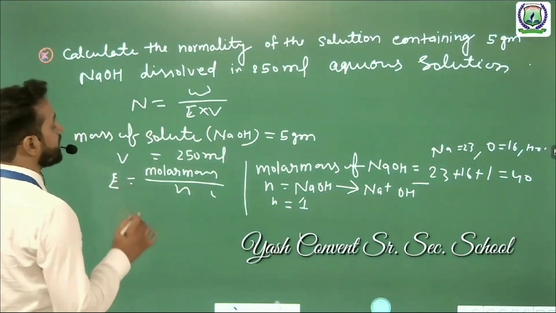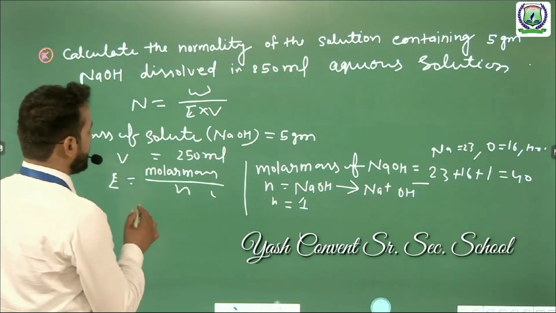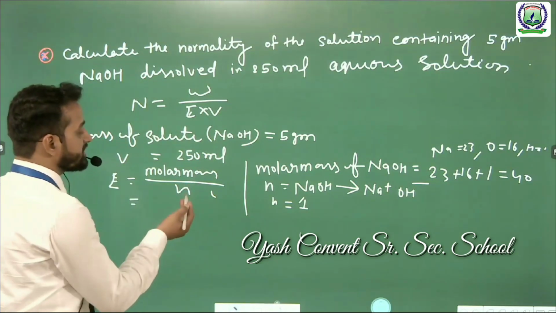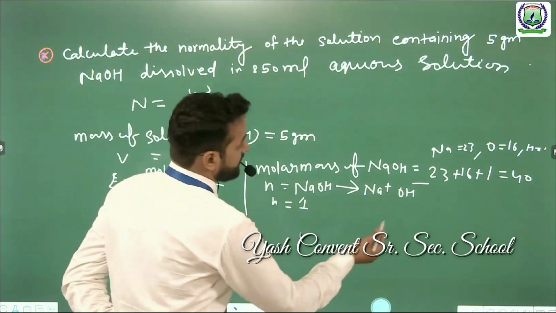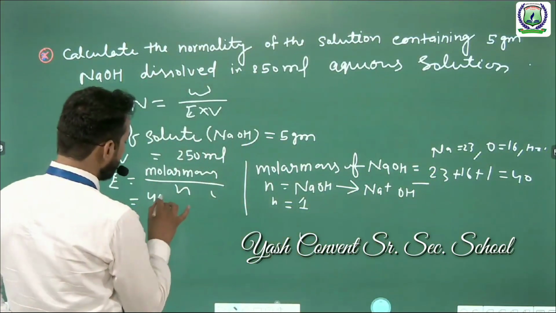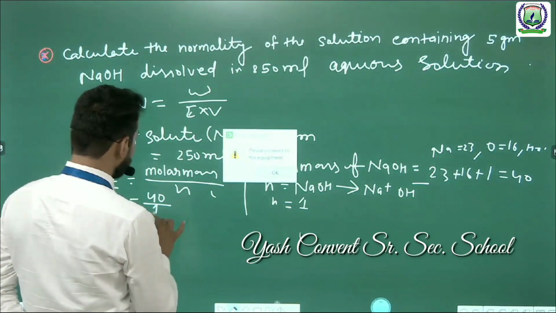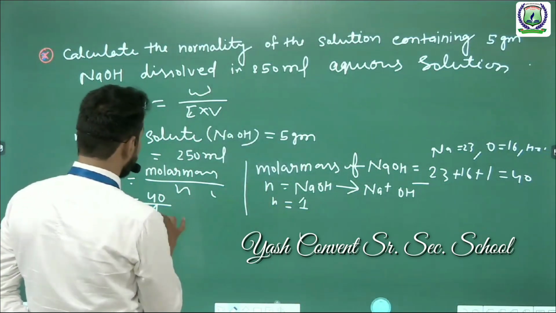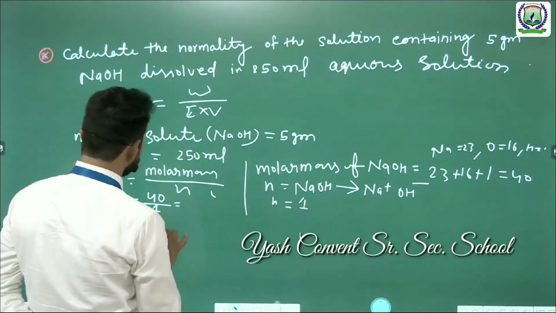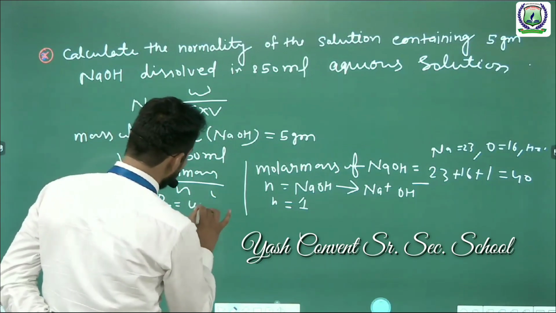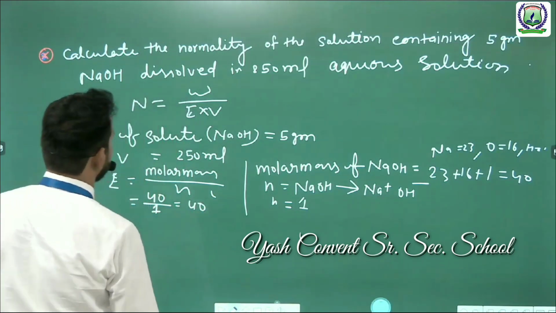The equivalent mass of NaOH is molar mass by n, which is 40 by 1. Then the equivalent mass is also 40.